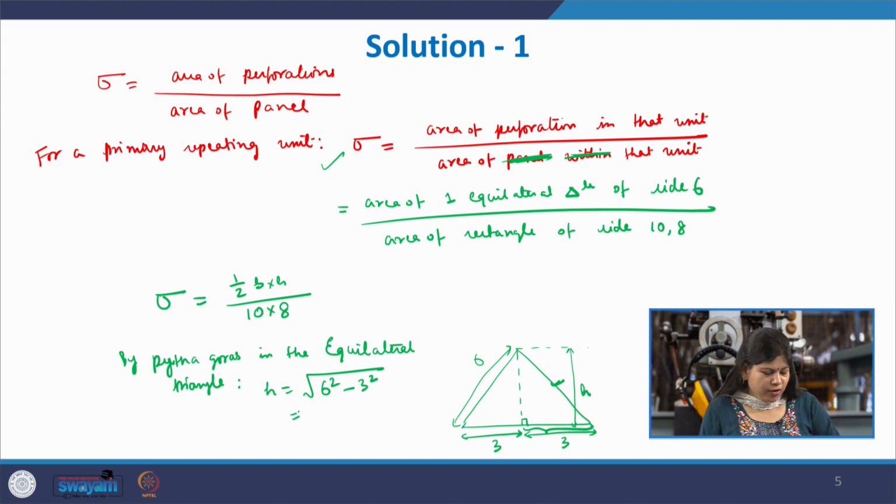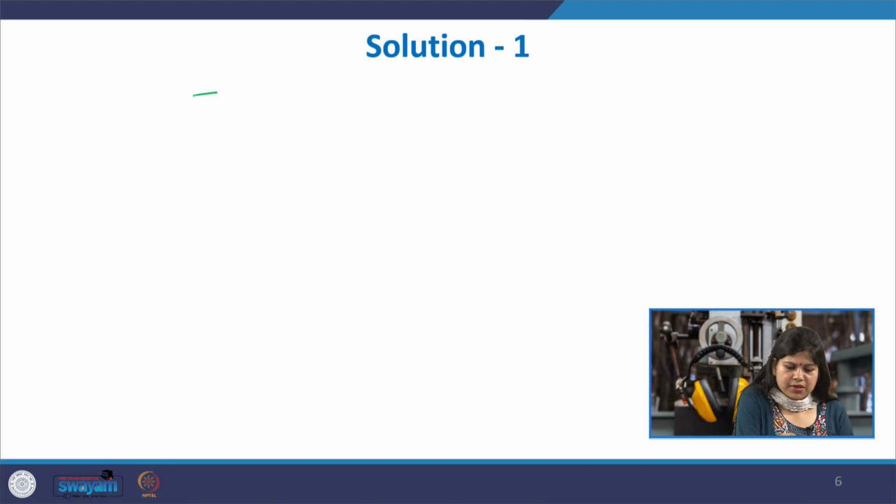When you solve it, you would get the answer as 3 root 3. So, let us solve for the porosity. It comes out to be half into 3 root 3 multiplied by the base 6, divided by the rectangle area.